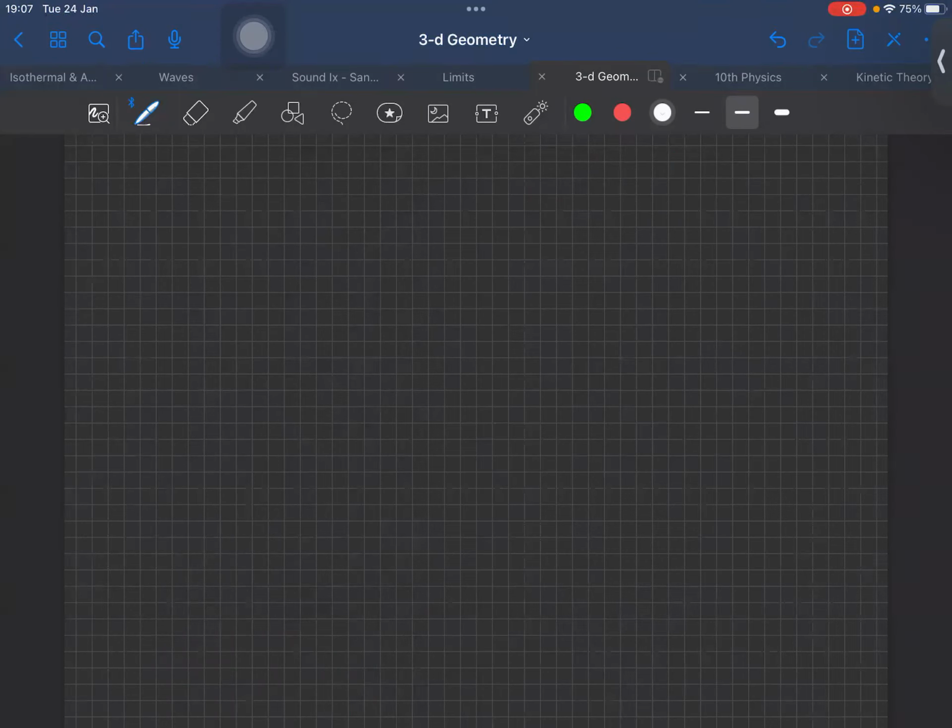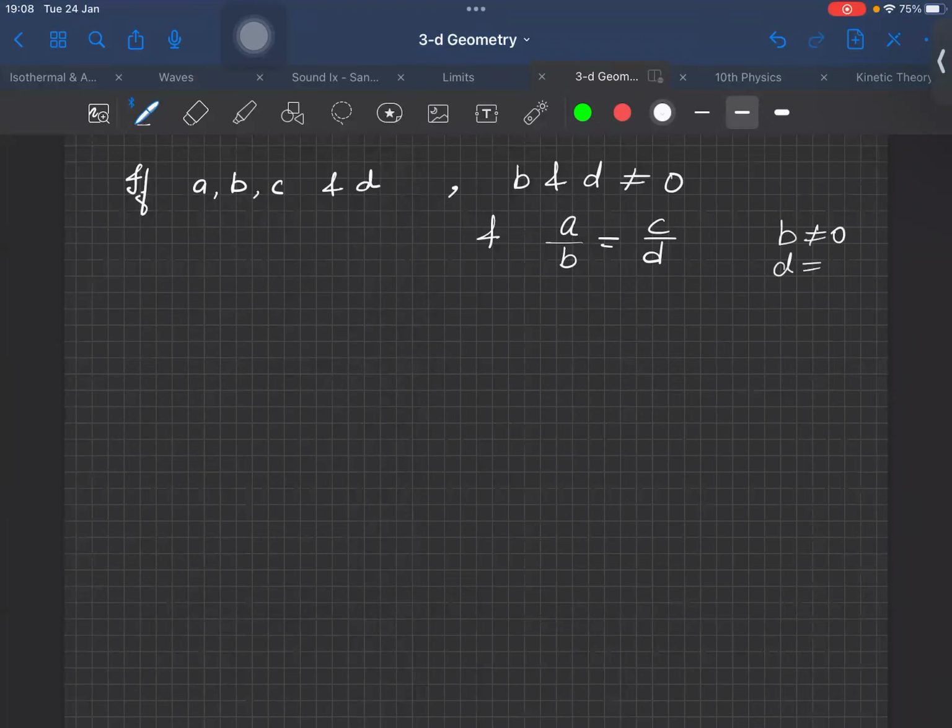Let's say A, B, C, and D are numbers such that B and D are not 0, and there is another condition that the ratio of A by B is equal to C by D. That's why we cannot have B equal to 0. B equal to 0 is not possible, D equal to 0 is not possible, because it will be not defined. Anything upon 0 is not defined, and we don't want that type of function.